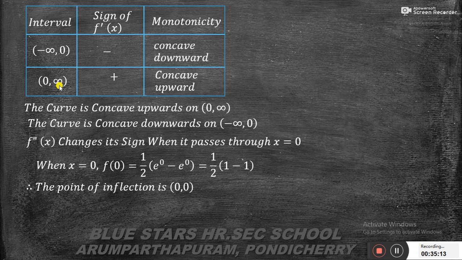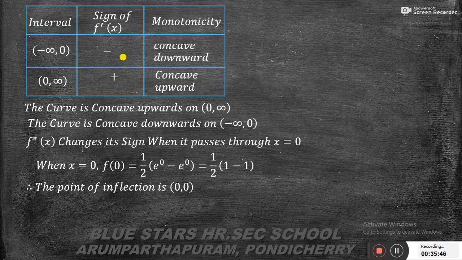0 comma infinity denotes positive numbers, but we cannot take 0 and infinity; we only take values between them, because it is an open interval. Open interval means the boundary points are not included, only the values in between, like 1, 2, 3, 4, and so on.